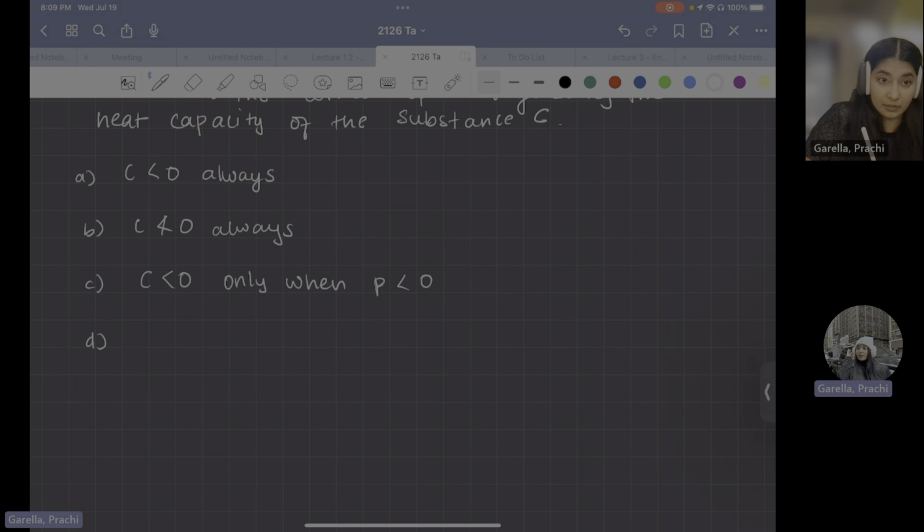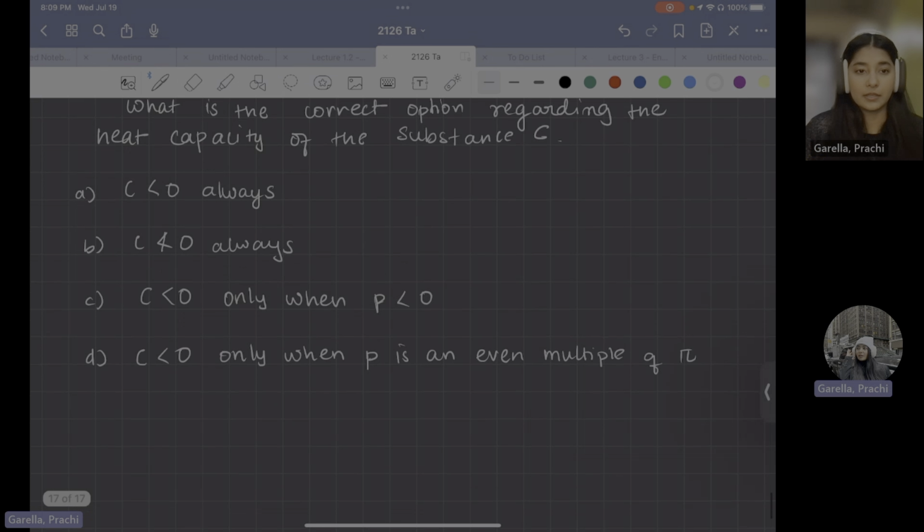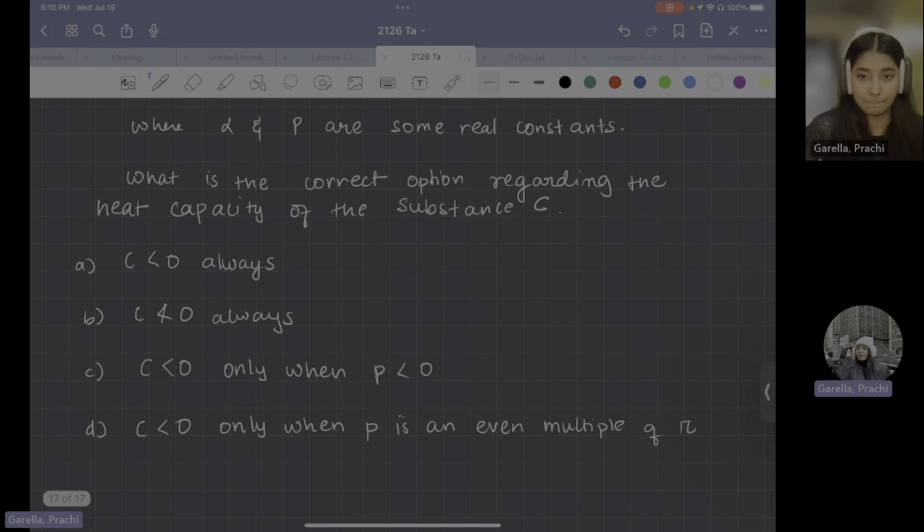And D is C is less than 0 only when P is an even multiple of pi. Okay, so pause, think about it, and then come back.